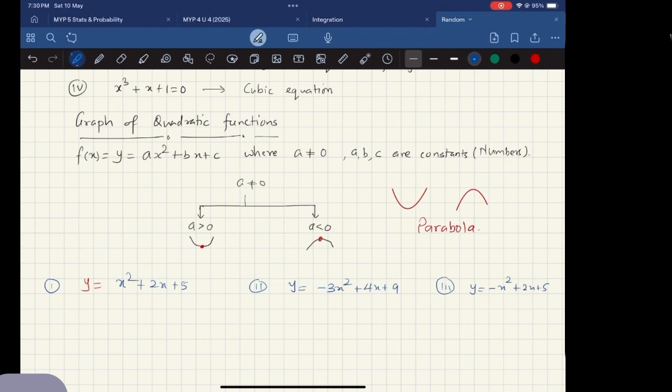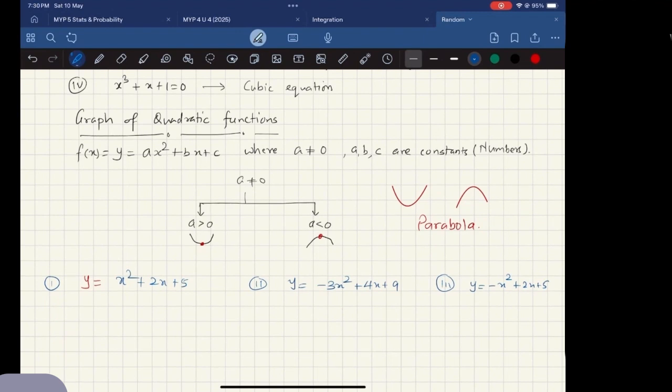For the first one, a is positive. Here a equals negative 3, which is negative, of course. And here a equals negative 1, which is negative. That is why these are happy or sad parabolas. This is how you could decide.